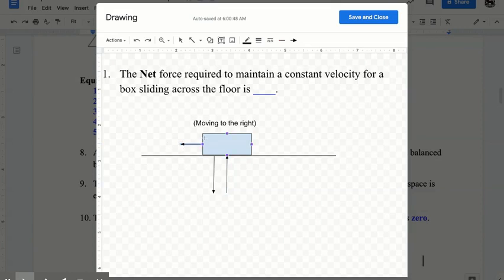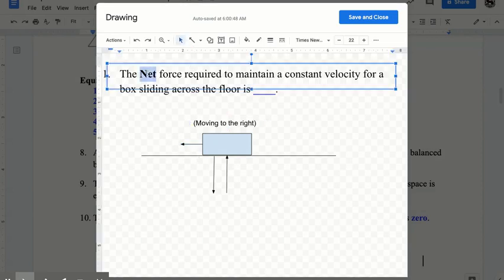It's a small force, but this is the friction force. Now, if the question said, what is the force required to keep it going at constant velocity, I would say it's equal to the friction force. But that's a different question. This question is saying, what is the net force? Well, the net force is always going to be 0. It's always going to be balanced, always going to be equal to the opposite.